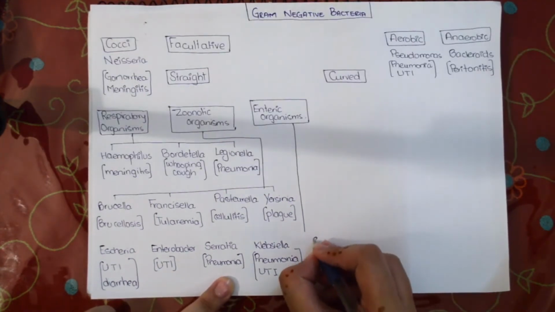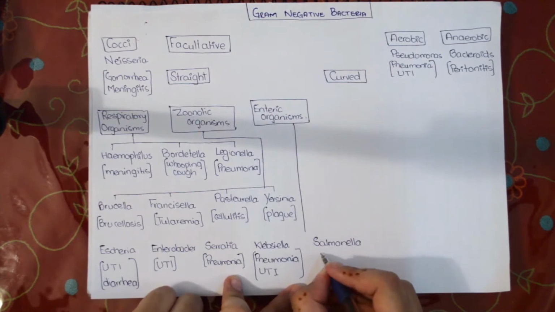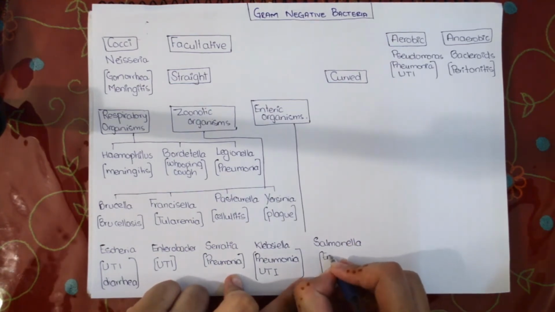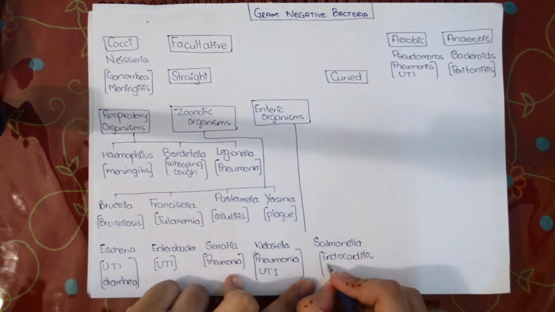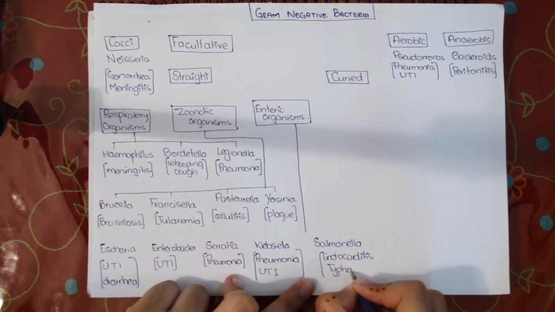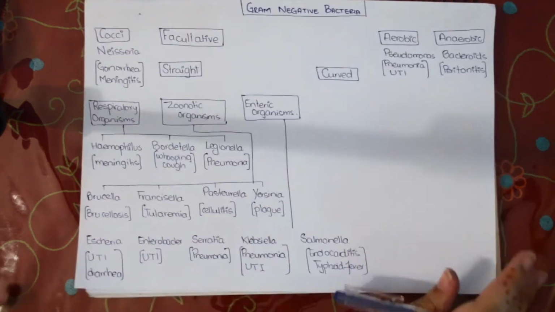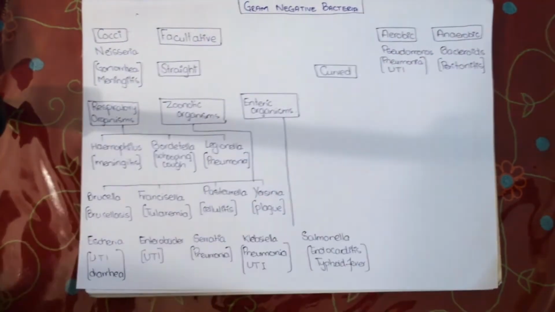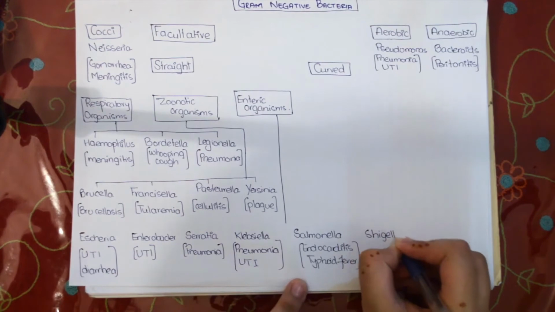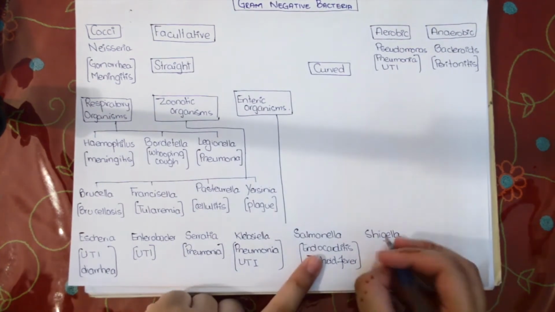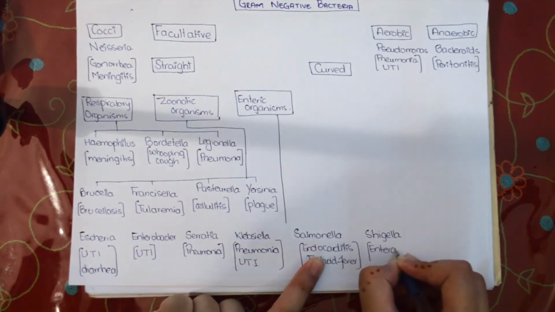Now let's go to Salmonella. It causes endocarditis and typhoid fever. Then there is Shigella, which causes enterocolitis.